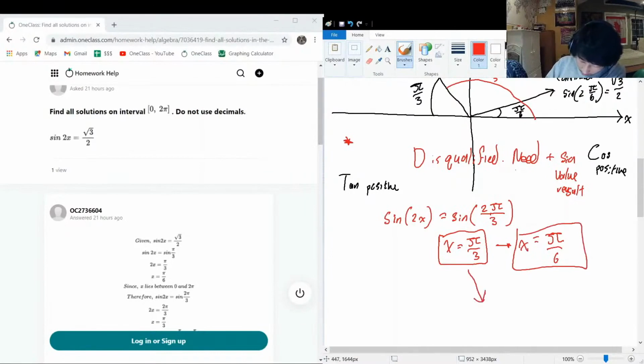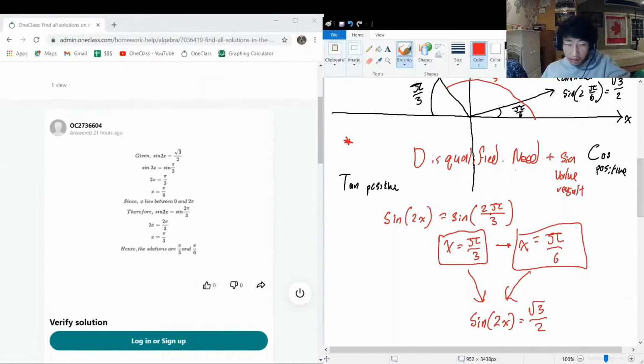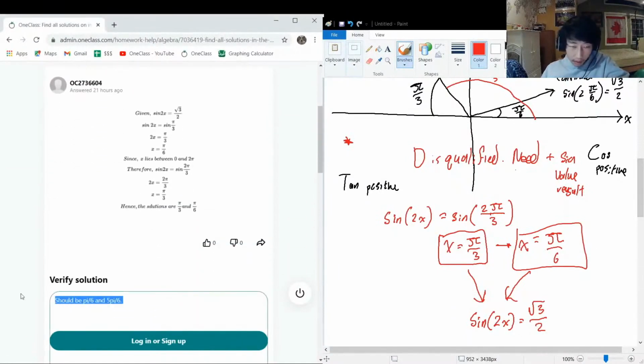Both of these lead to situations where sine 2x is equal to root 3 over 2. Typically there are always going to be two solutions for a trigonometric function like this, and a lot of the time you'll be asked to find all the possible values between 0 and 2 pi, so just stay ready for that. Okay, so yeah, the above solution is good.